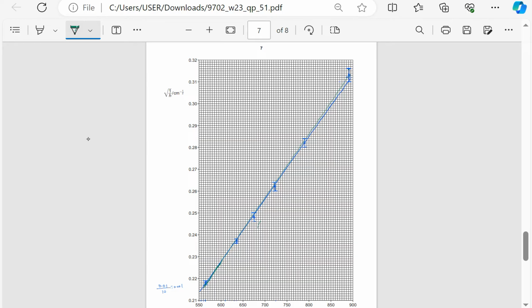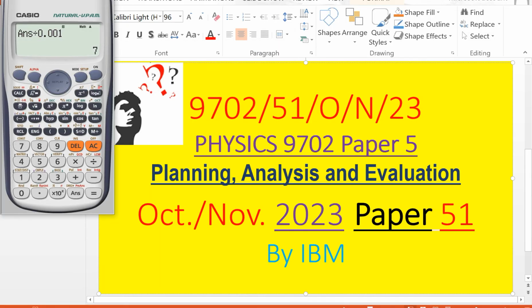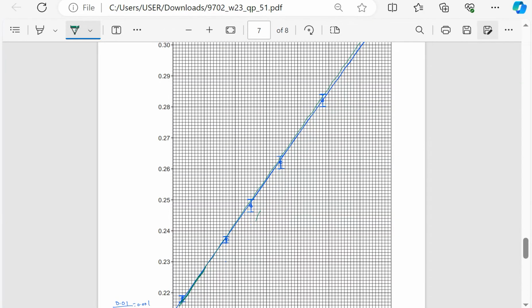So in doing so, I notice that my line touches all the error bars. All the error bars. That is very important. There's only one problem, it is not straight, so I have to draw another one.